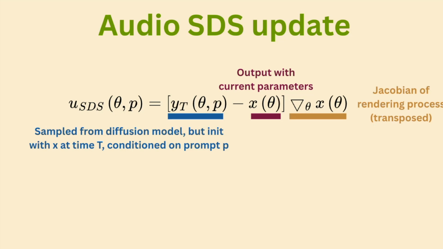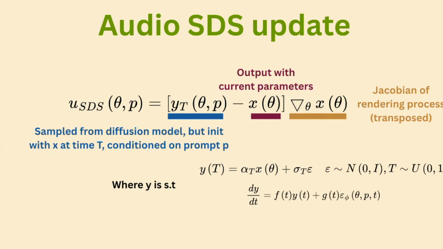And the last thing is the Jacobian of the rendering process. This translates this section right here. These two things are audio buffers, so they are in audio space, but our parameters might be somewhere else. So we take this difference and push or pull it back into the space of parameters.